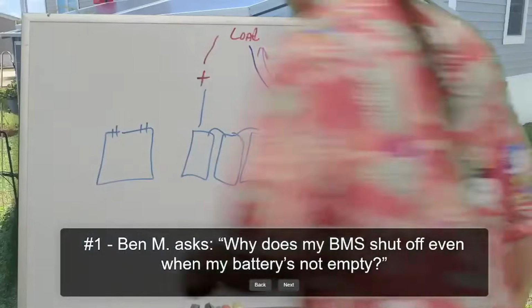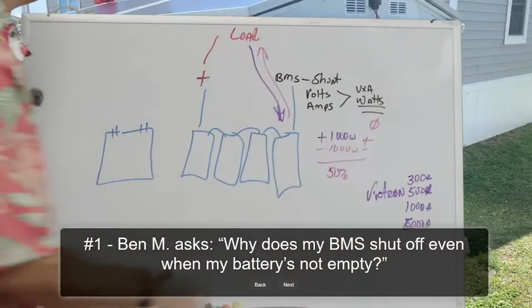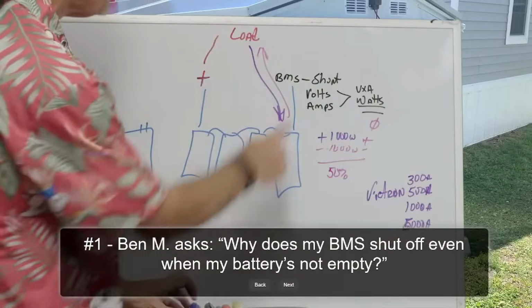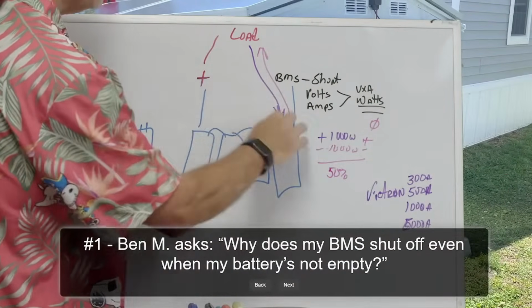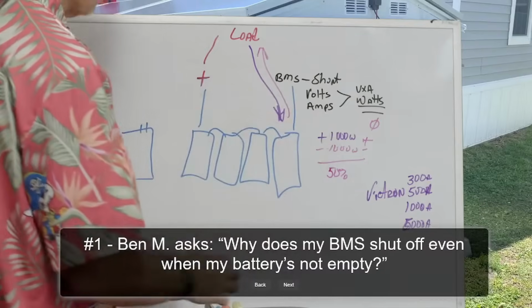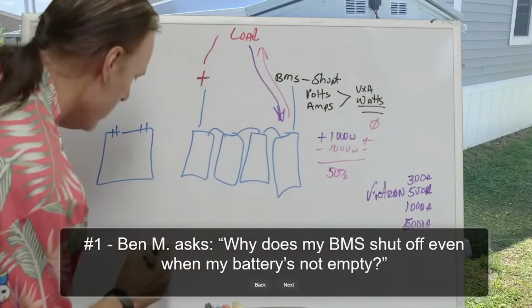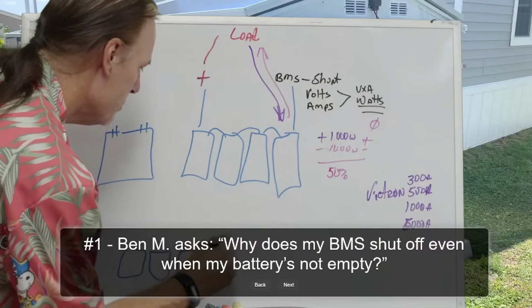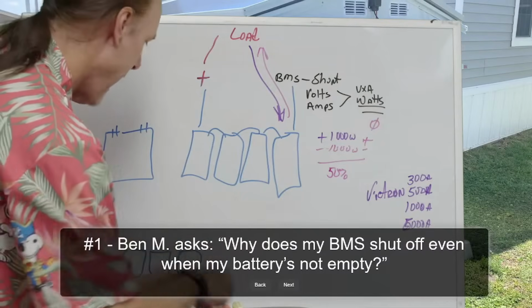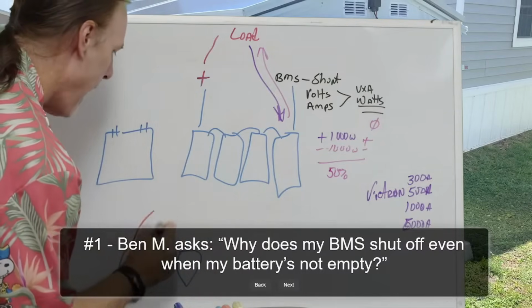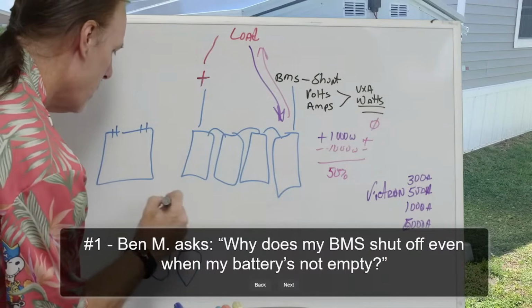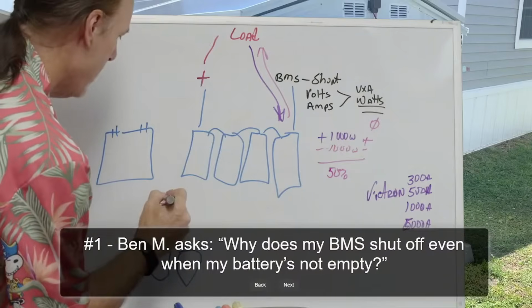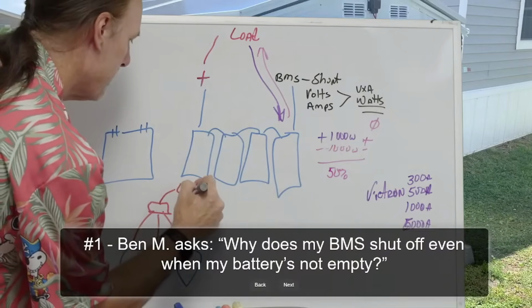We'll go back to the whiteboard over here. When your battery is feeding energy in and out, let's just assume this could be a battery bank and you have multiple batteries down here, I would suggest that you run them to a battery bus and you run your load off of this.